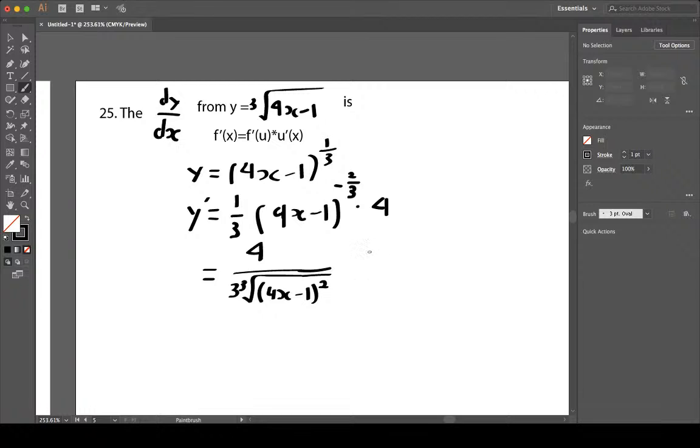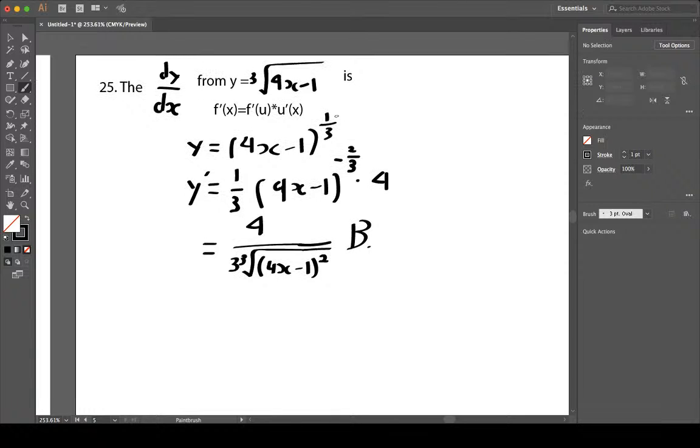And from here, you should have found the answer, which in this case is 4/3. That's B. And this is how you solve this type of question, which is basically a function inside of another function. That's basically the core of it.